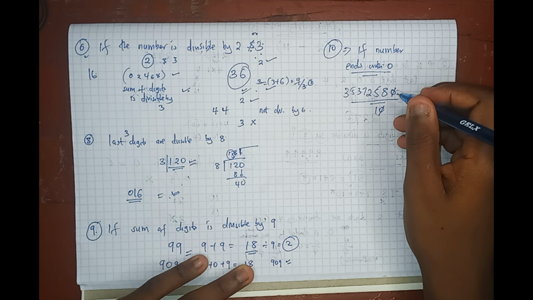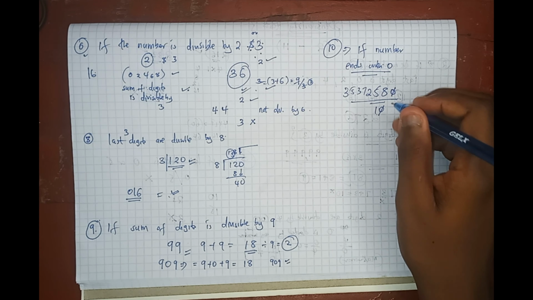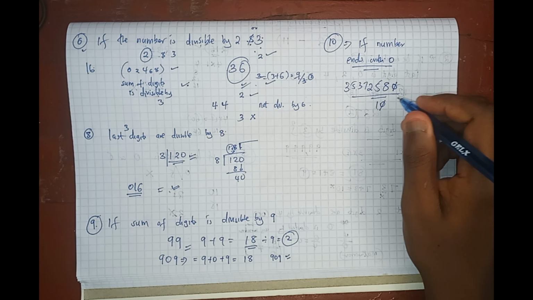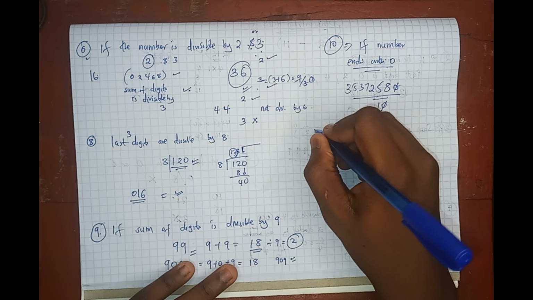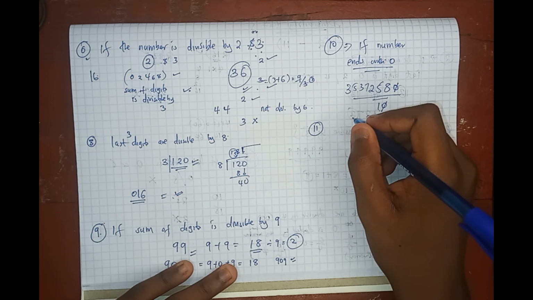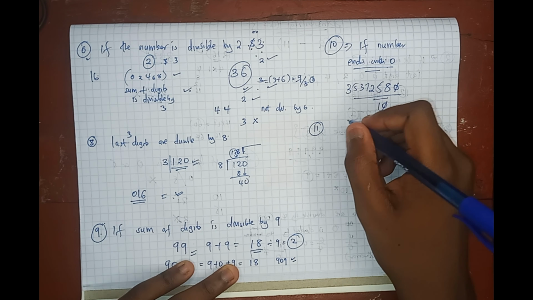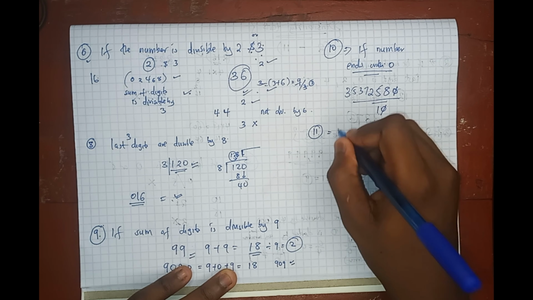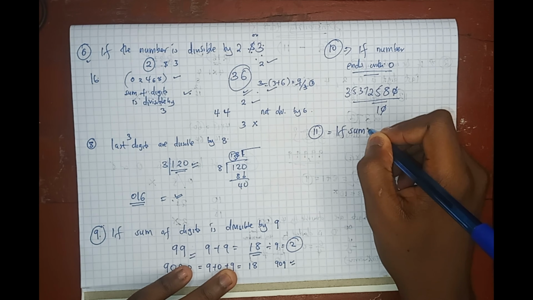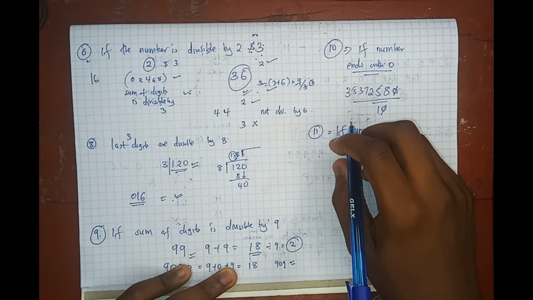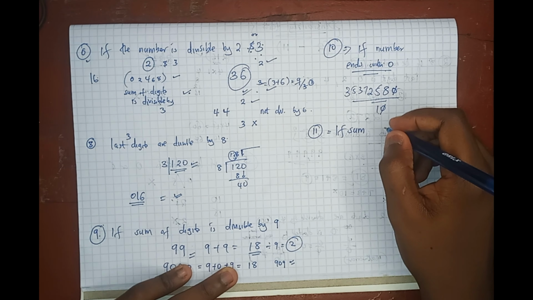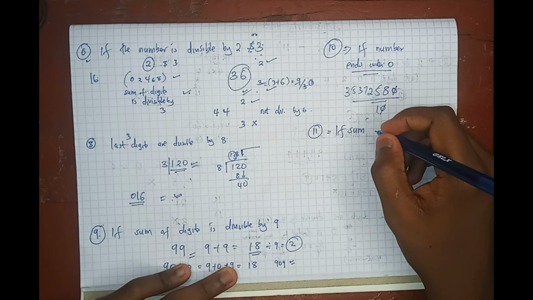So let's go to the final one, which is very complex. 11: to check the divisibility test of 11. It is not asked very often.